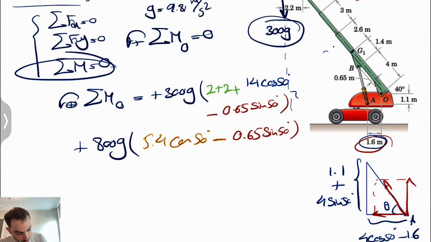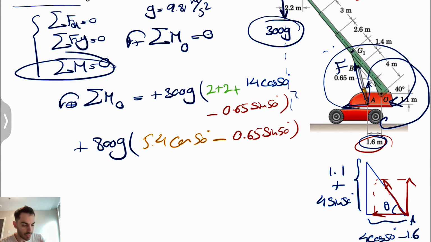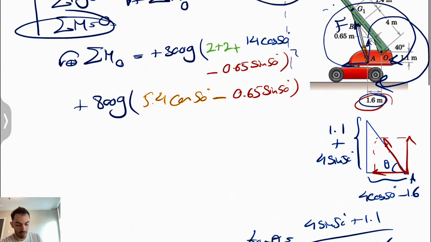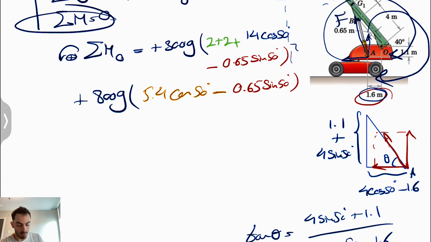So basically this is our force F. And if we look at it, this one will be clockwise. And the vertical component is also going to make clockwise moments. So they're both negative.